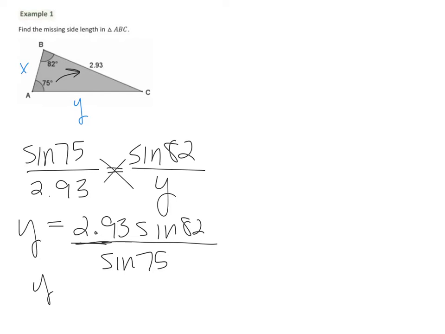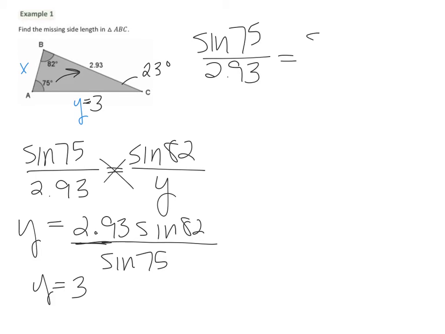So I got y equals 3.0. I also can figure out that third angle in the triangle by subtracting those other two angles from 180. So that's 23 degrees. So I'm going to set up the same ratio. Sine 75 over 2.93 is equal to sine of 23 over x.